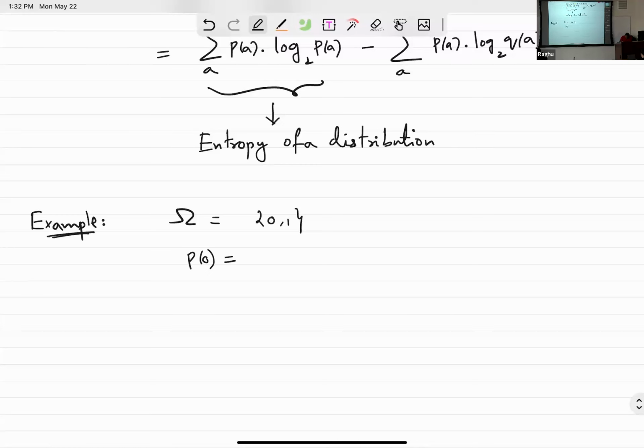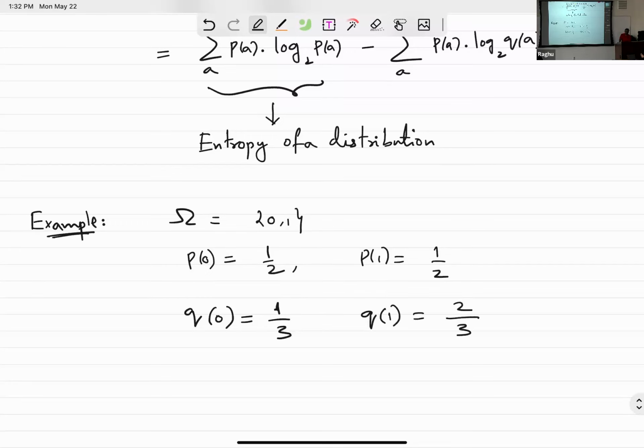The first distribution is, okay, so maybe P of 0 is half, P of 1 is half. So maybe my first distribution P is uniform between 0 and 1, and Q is maybe, let's say, 1/3 and 2/3. Okay, so one is a little bit biased, one is not biased.